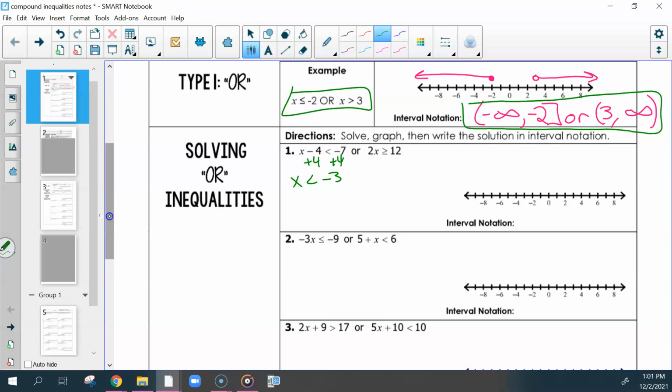Then we would bring down our or and do the other side. On this inequality, I just need to divide both sides by 2. So that would give me x is greater than or equal to 6. So now we have 2 separate inequalities in our solution set that we can draw on our number line.